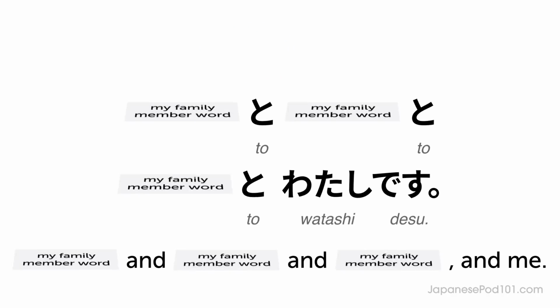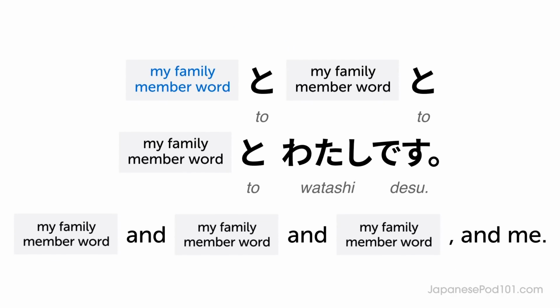The pattern is: my family member word と my family member word と my family member word と 私です。 My family member word and my family member word and my family member word and me. Note the particle と follows each family member.